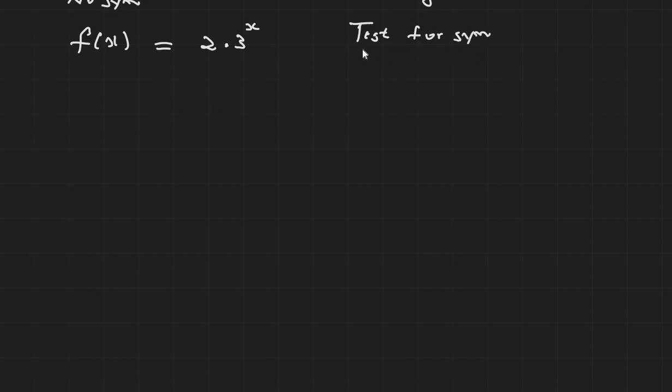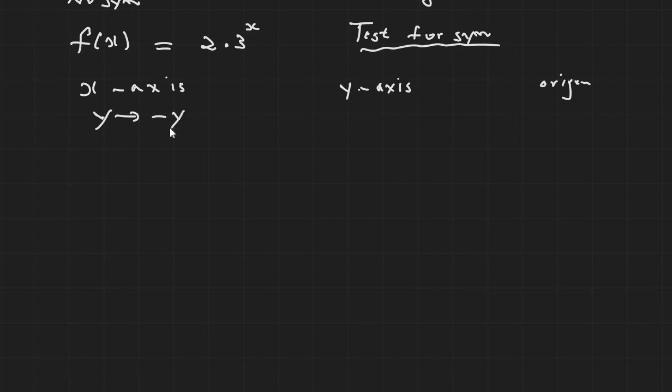Okay, right. So we're going to do the x-axis. We're going to do the y-axis. And we're going to do the origin. All right, so for the x-axis, we swap y for negative y.